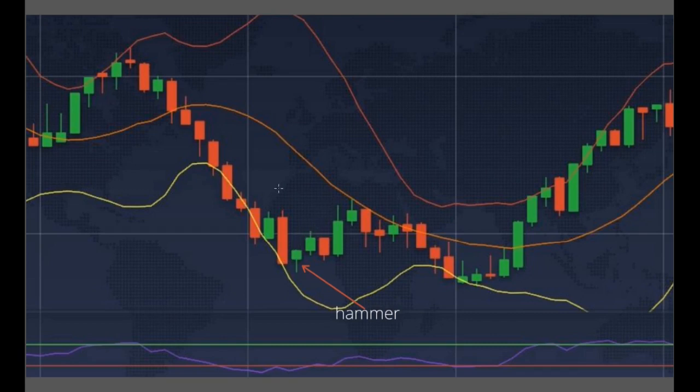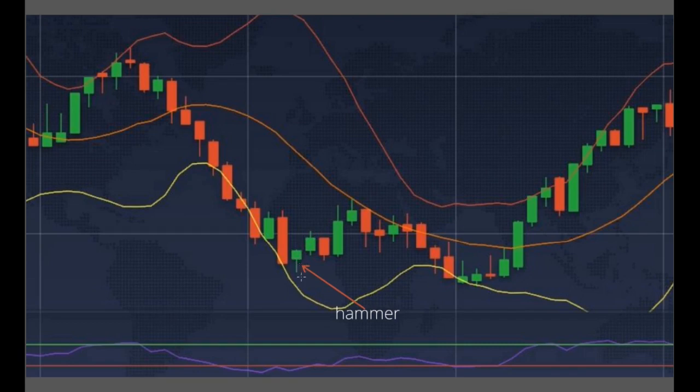Hammers always occur during or at the end of a downtrend. It is a sign that the bulls are about to take control, building momentum to push the price of the asset up.